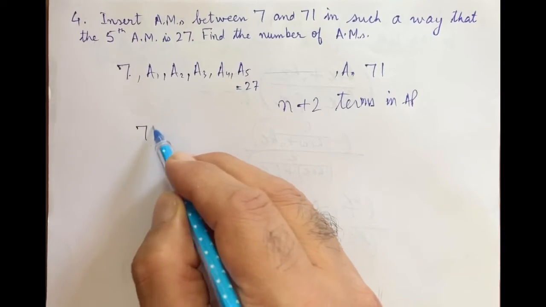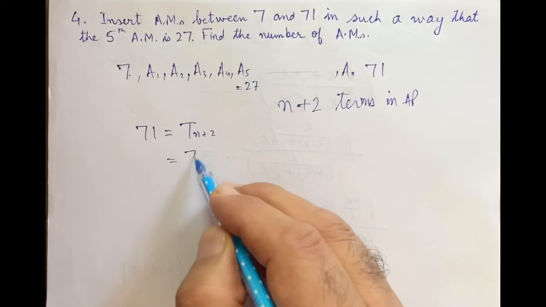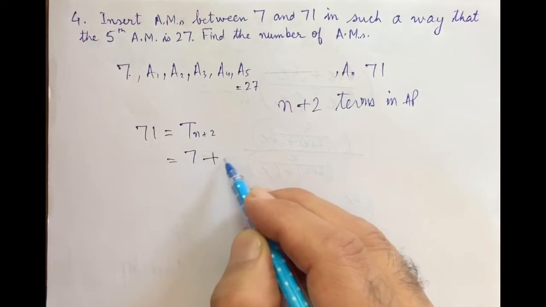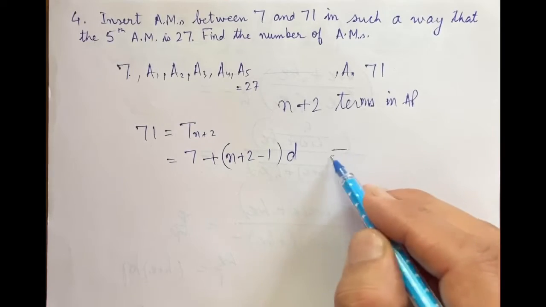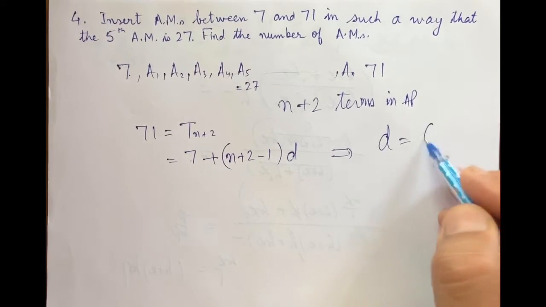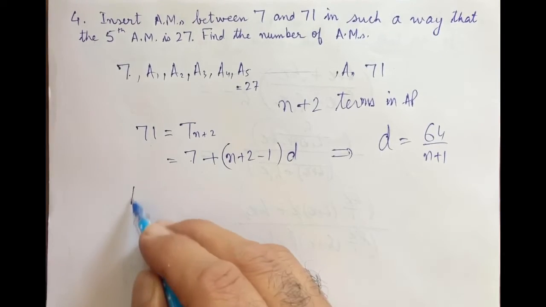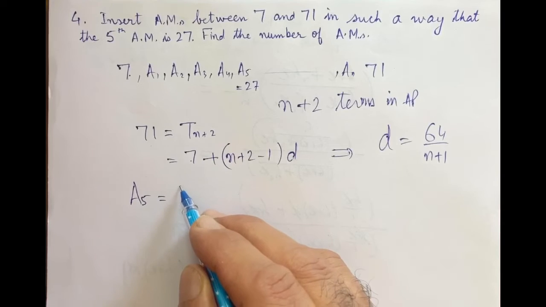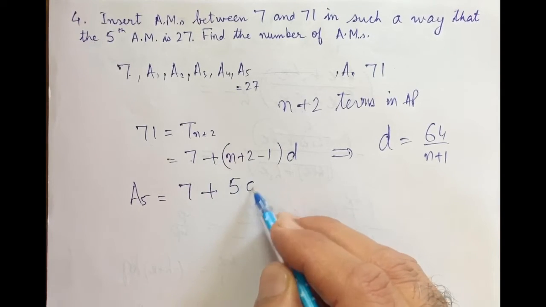And what is 71? 71 is term number n plus 2. That's first number 7 plus (n plus 2 minus 1) into d. This means 71 minus 7 is 64. So d is 64 upon n plus 1. What about fifth arithmetic mean? It's first number 7 plus 5 times d.